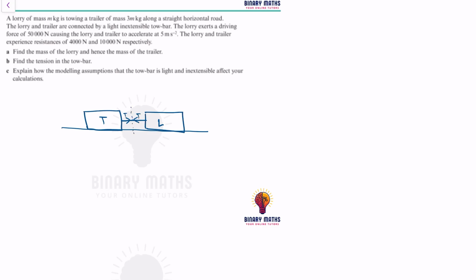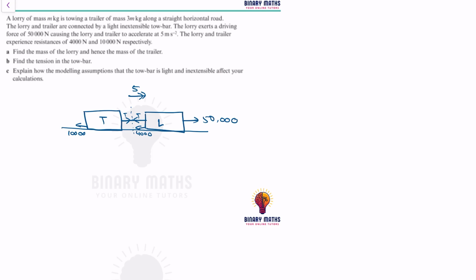The lorry exerts a driving force of 50,000 newtons, so driving forward by 50,000, causing the lorry and trailer to accelerate at 5 meters per second squared. The lorry and the trailer experience a resistance of 4,000 newtons and 10,000 newtons respectively.